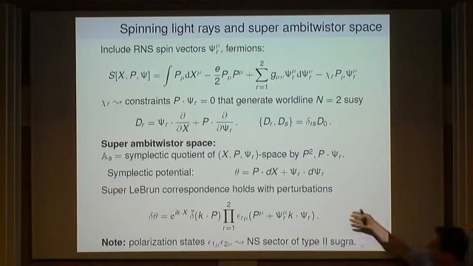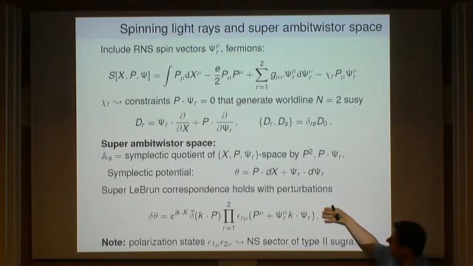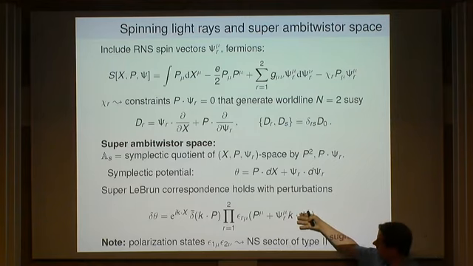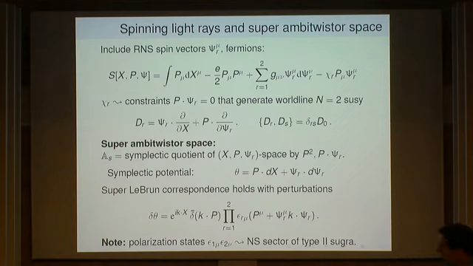You can also follow through the Penrose transform and understand how the super-Lagrange correspondence works in this case. This gives you everything that you need for supergravity, for a B field, as well as for a metric and a dilaton and so on. So in fact, for the 10-dimensional ambitwistor string, this is the ambitwistor space that we're most interested in. It's the one with these extra fermionic variables.